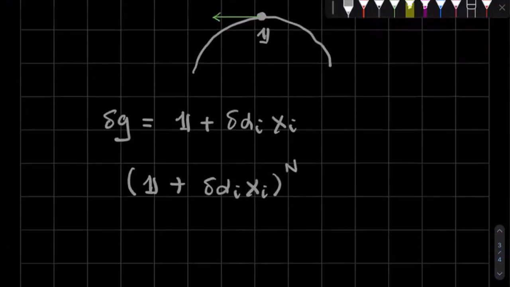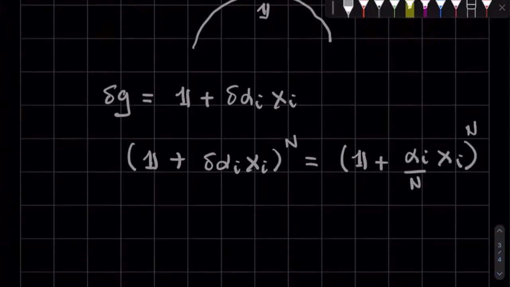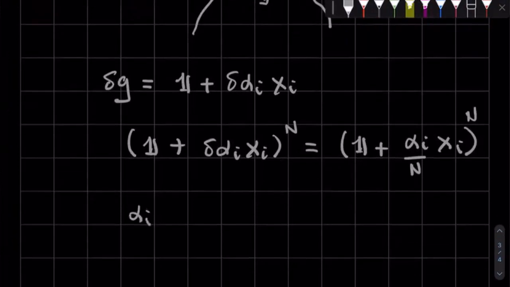And now let's define a finite angle, a finite set of parameters, which I'm calling alpha_i. I'm defining alpha_i to be given by delta alpha_i times n.